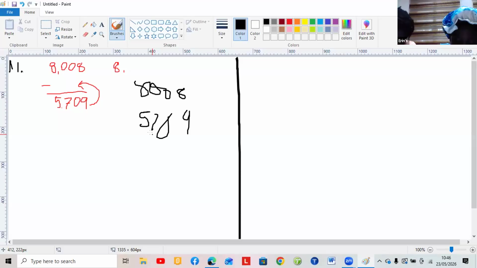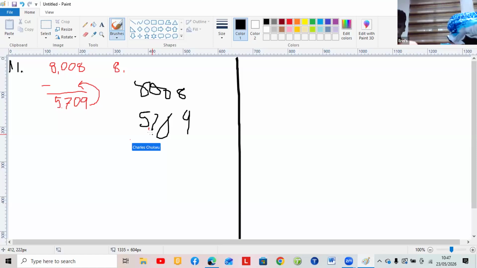So I did not get the same answer as Favor. I got 2.299. You did not get the same answer with who? Sir, it is not 5.09, it is 5.79. I am not mixing it up.